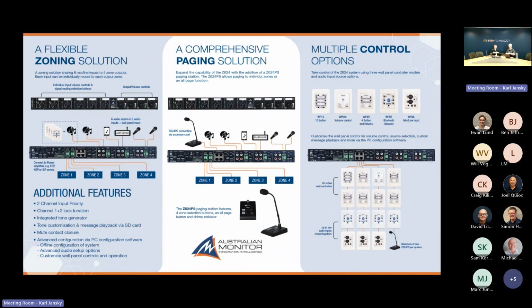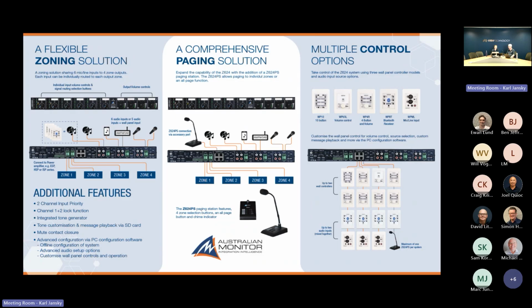So firstly, what is the Z624 system? This is a bit of a busy slide, but it's really there to show the full capabilities of the system, and we'll go into more detail in further slides. So at its core, the Z624 is a mixing 6 input to 4 output zoning solution.